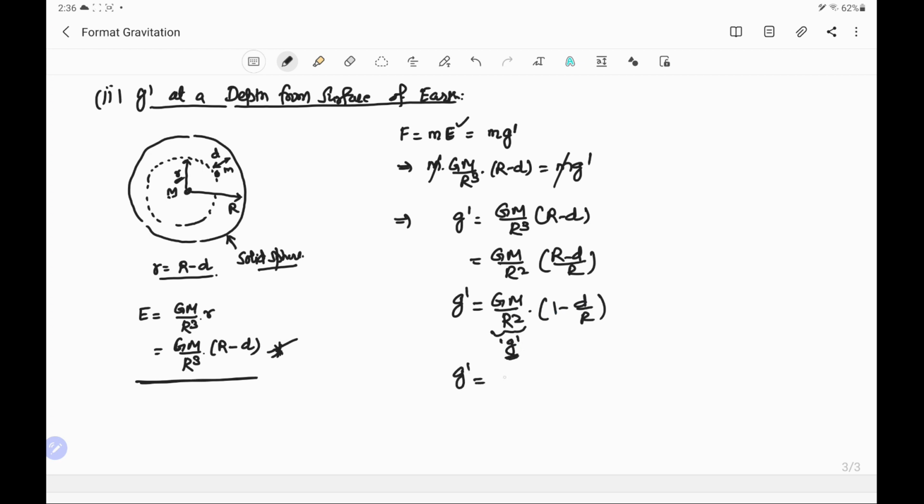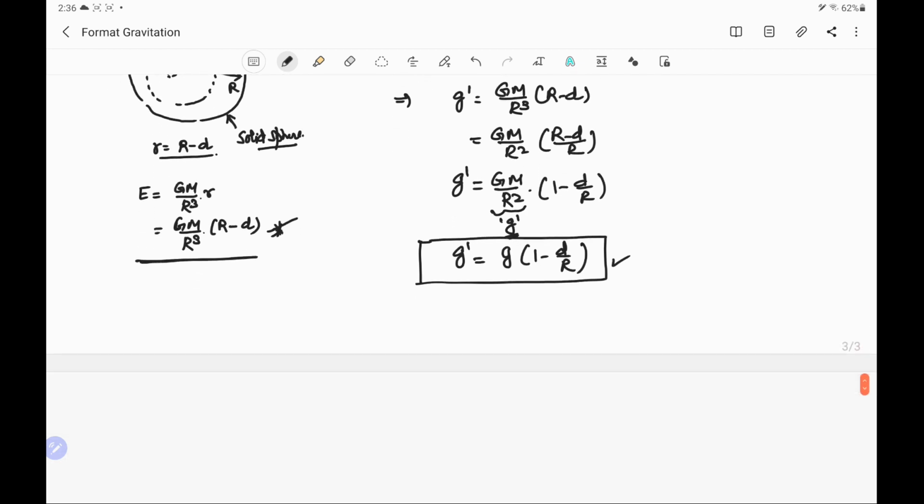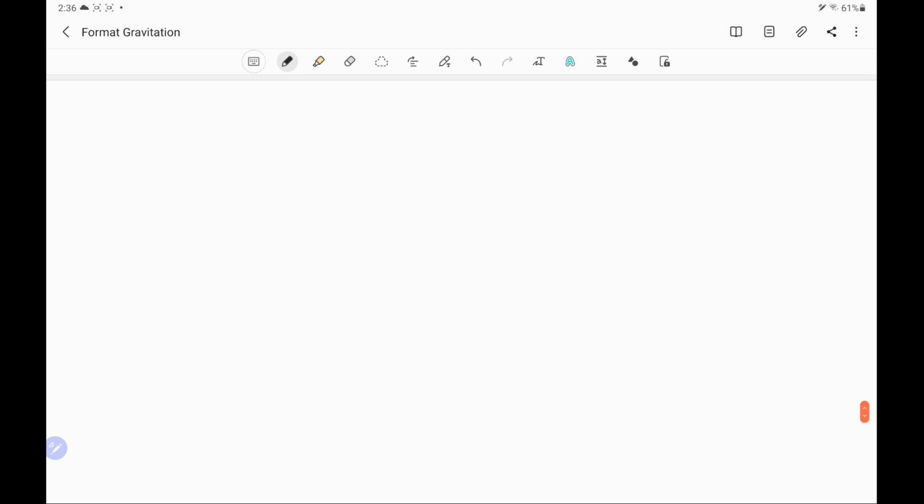So g dash at a depth d from the surface is g into (1 minus d by R). Here again, gravity reduces as we go down inside the surface of earth, similar to going above the surface of the earth. Third is the effect of rotation of earth.